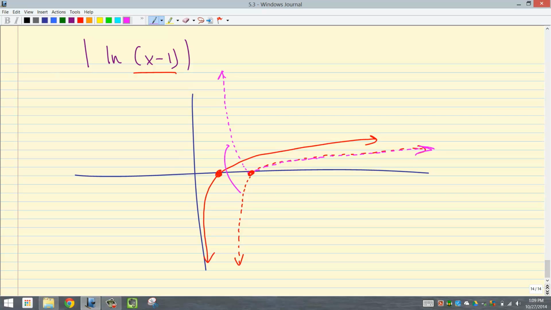So all this stuff gets shifted up. That's what the absolute value does. And so it comes down like this, and then it hits this kind of goofy pointy place right there and takes off that way. So this is what the graph of the absolute value of ln of x minus 1 looks like.